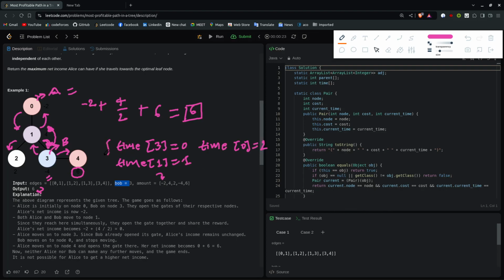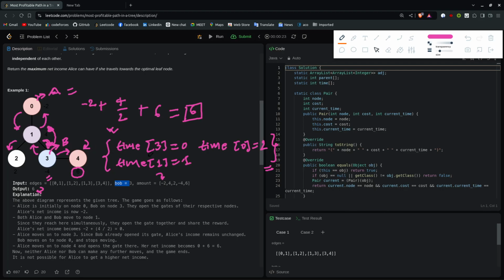And what is the benefit of computing this? The benefit is that we can know whether Alice will gain some amount, or they will share the amount, or Alice will get the whole amount located at some particular node, right?